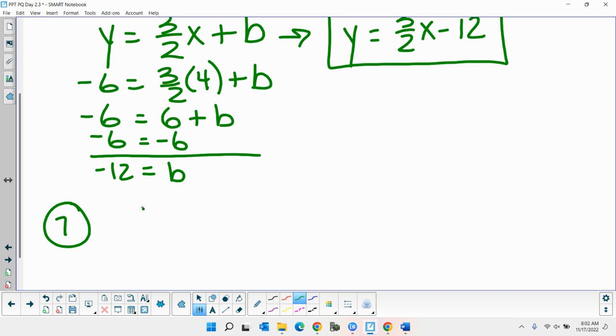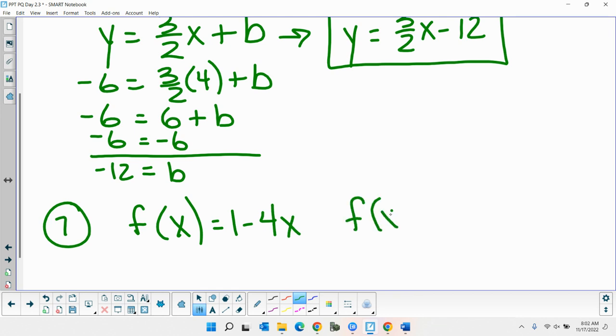It says f of x is 1 minus 4x. It also says f of x equals 3. Okay, find the value of x to make it 3.